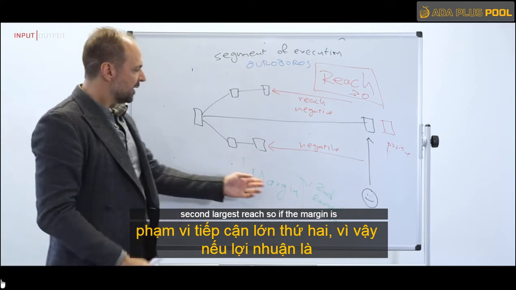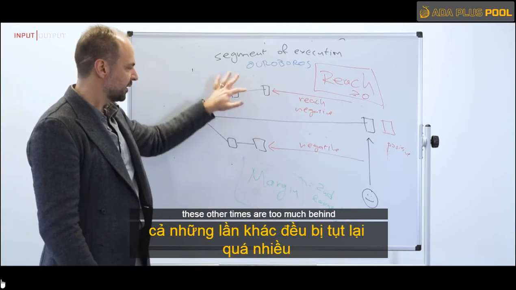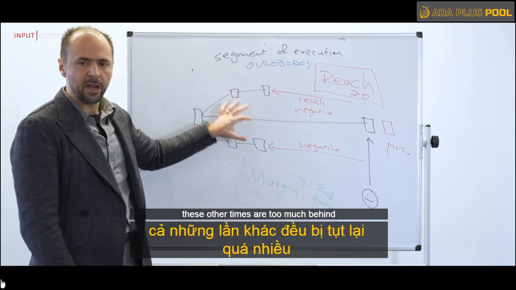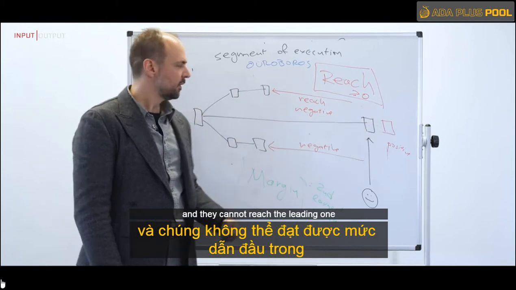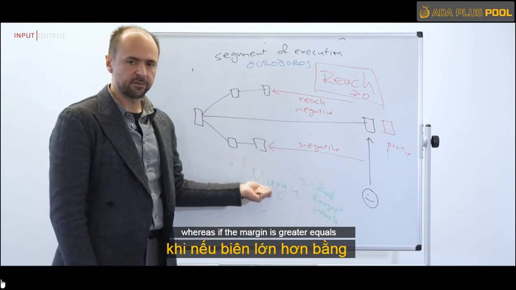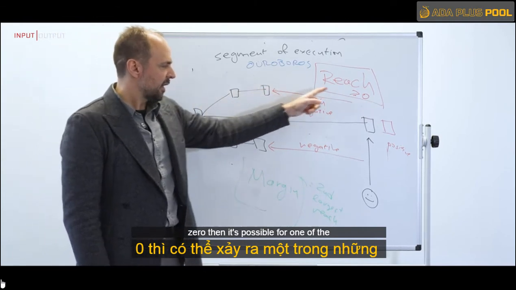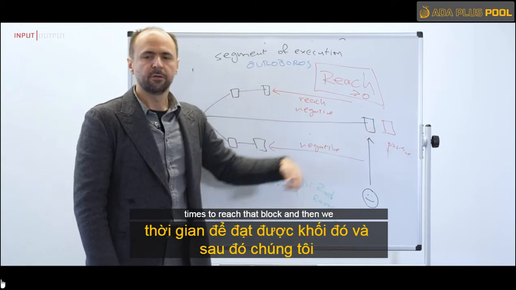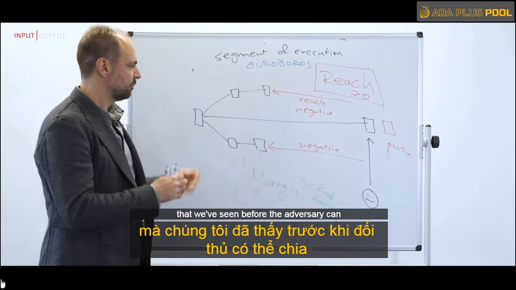So if the margin is negative, we know we are safe, because all these other tines are too far behind and they cannot reach the leading one. Whereas if the margin is greater or equal to 0, then it's possible for one of the tines to reach that block, and then we have a problem execution like the one we've seen before.